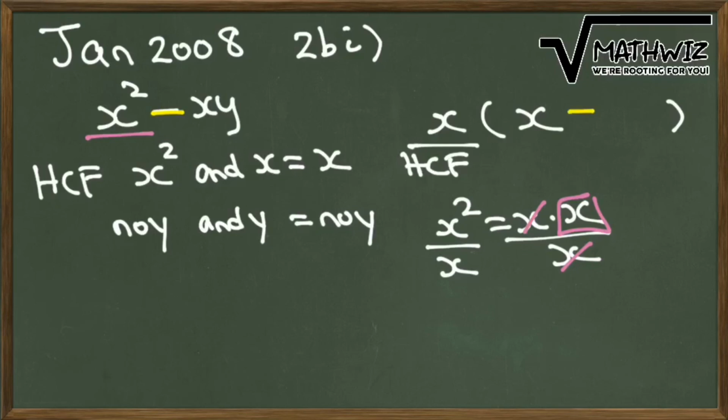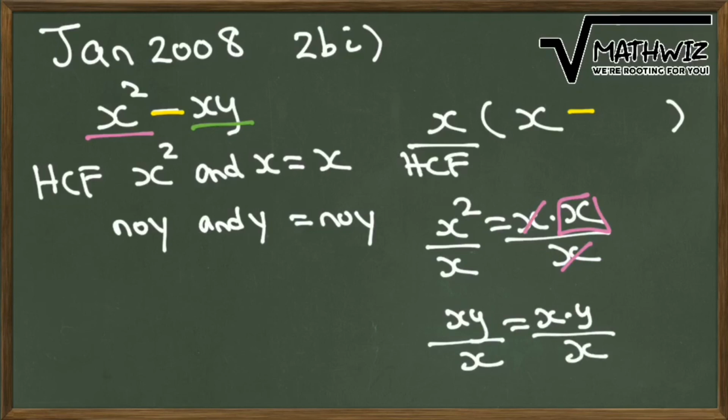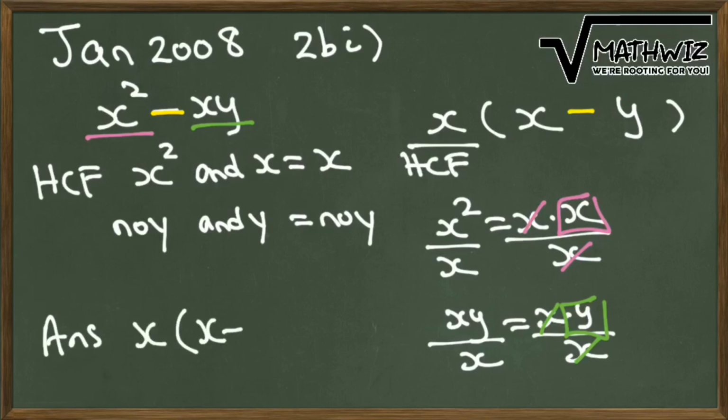We take the second term, which is xy, and we put it over x, which is going to be x times y over x. So the x's cancel, and what's left over is y. So your answer for this question would be x, open bracket, x minus y.